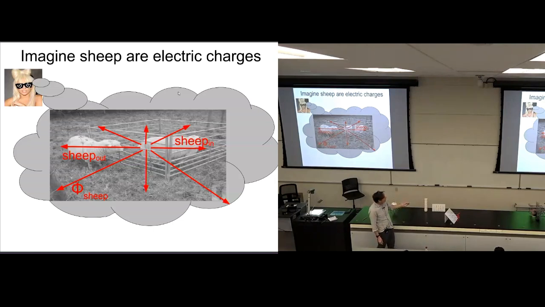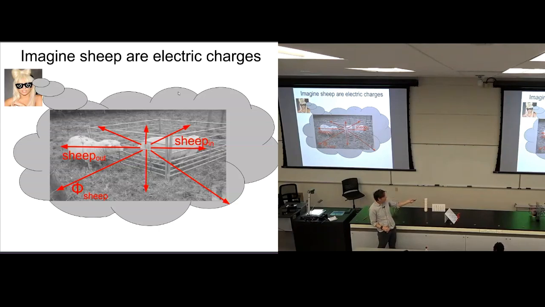Imagine sheep were electric charges. So here's a sheep, and here's another sheep, and we're imagining these are electric charges. One is inside a closed surface, and one is outside a closed surface. So this is the sheep in, and this is the sheep out, and they create sheep field lines, and they create sheep flux, and the sheep flux through the closed surface here, the pen, is entirely determined by the sheep that's inside the closed surface.